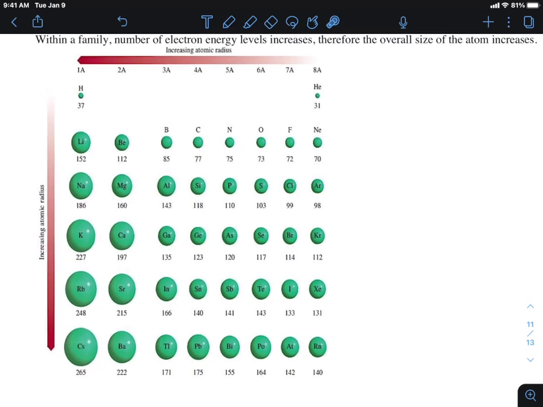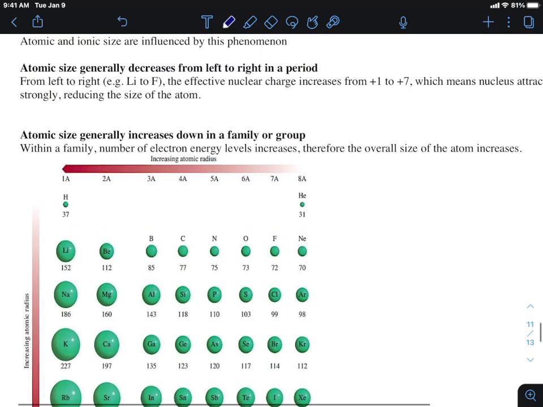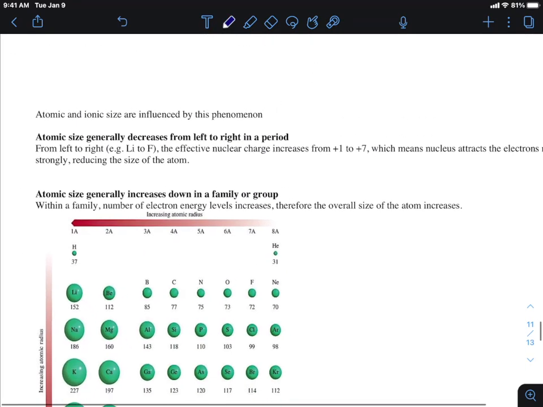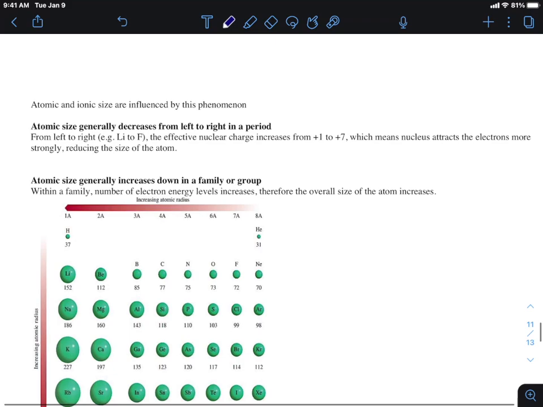All right, so atomic radius decreases left to right.